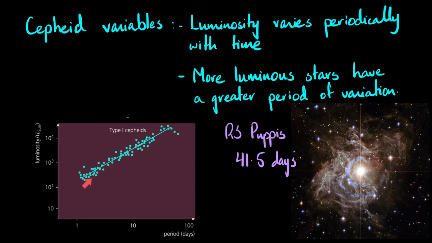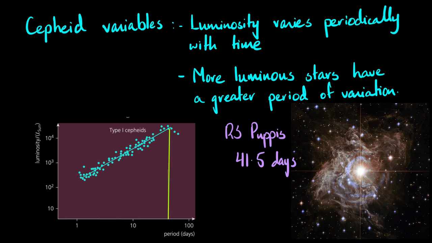Not exactly linear, because this isn't passing through the origin, but it is a relationship she was able to deduce. By observation of a star, we can measure its period, then go onto this graph and extrapolate to find its luminosity as well. So maybe somewhere here.